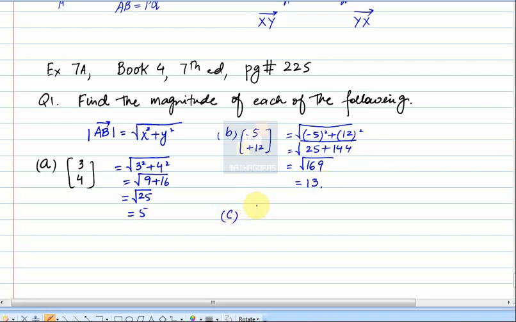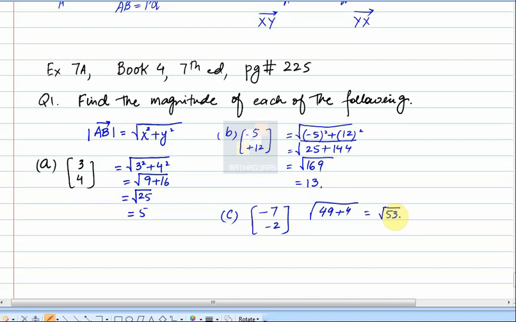For part C, it's -7, -2. Start. Done. So it will be 7 square is 49, 2 square is 4, so 49 plus 4 is 53, right?